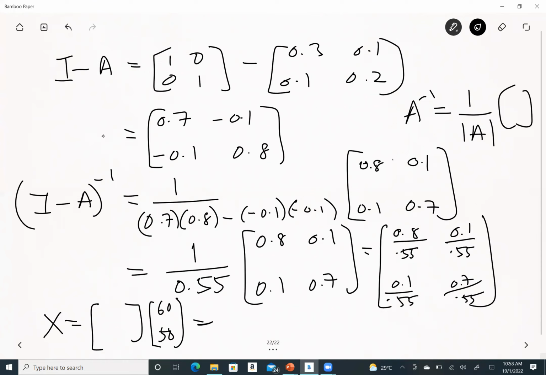What is the value of X? I mean the product matrix. Okay, anybody got?